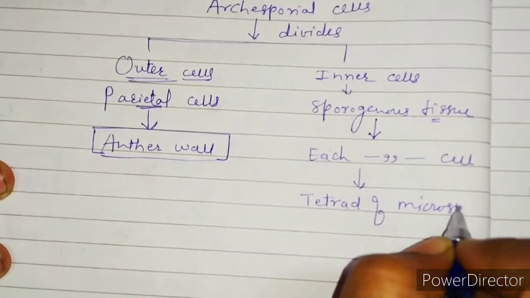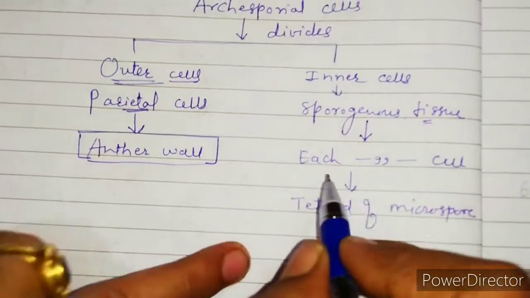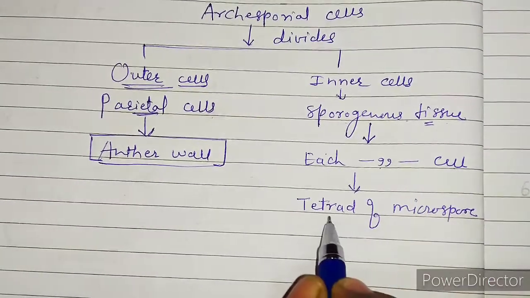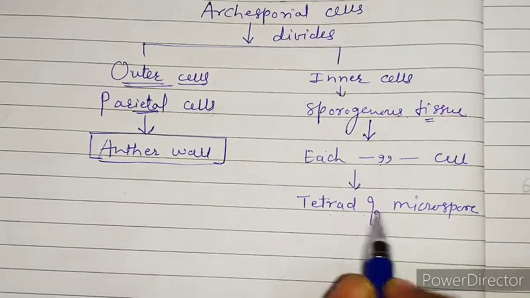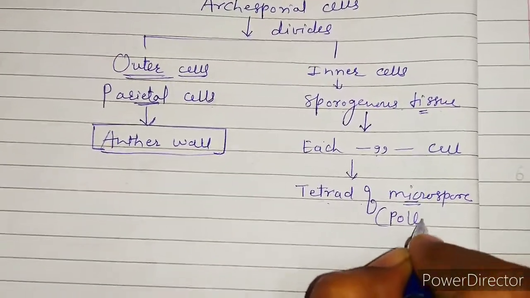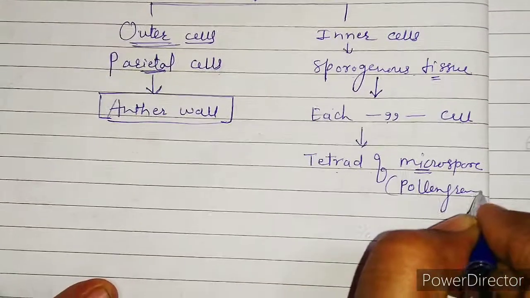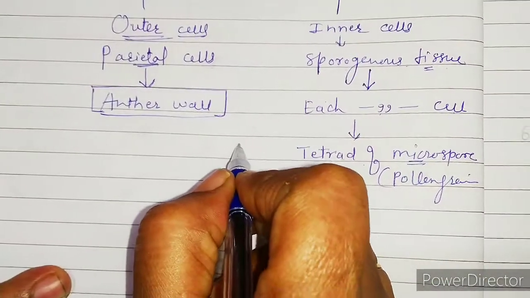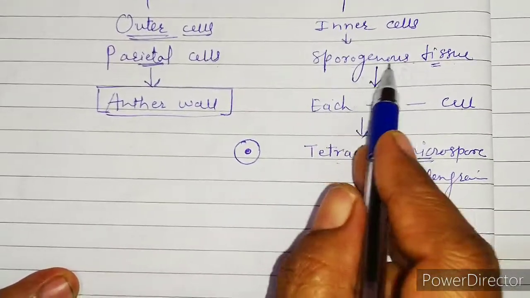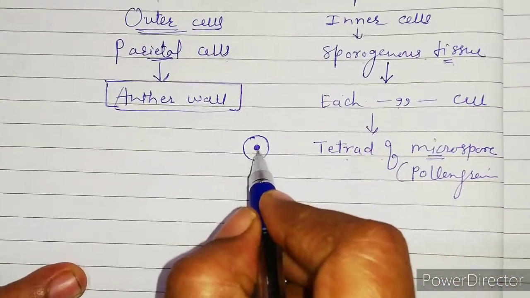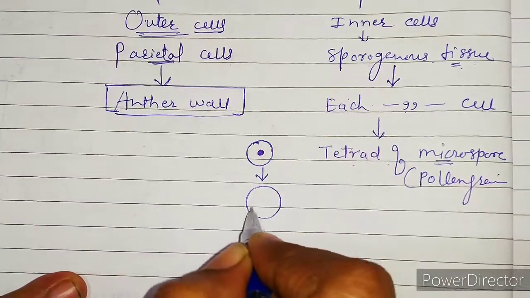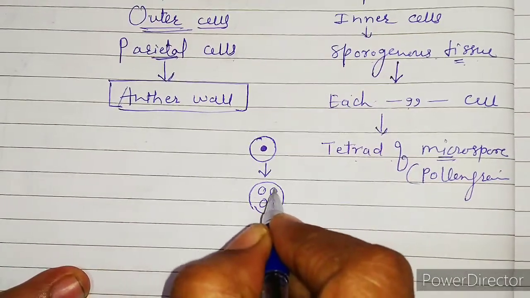In short, we can say each sporogenous cell produces a tetrad of microspores, and you know that microspore means pollen grains. So see here, suppose this is a single sporogenous cell. Later on it divides and it gives rise to a tetrad.